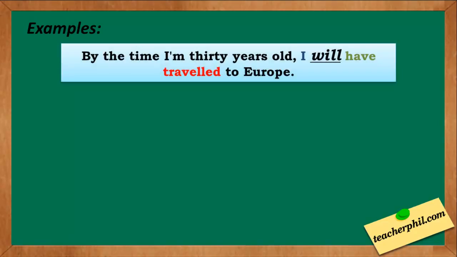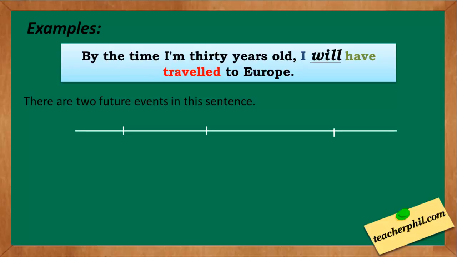Examples: by the time I'm 30 years old, I will have traveled to Europe. There are two future events in this sentence. Let's try to break them down. Here's the present and the two future events. The first one, I will travel to Europe.